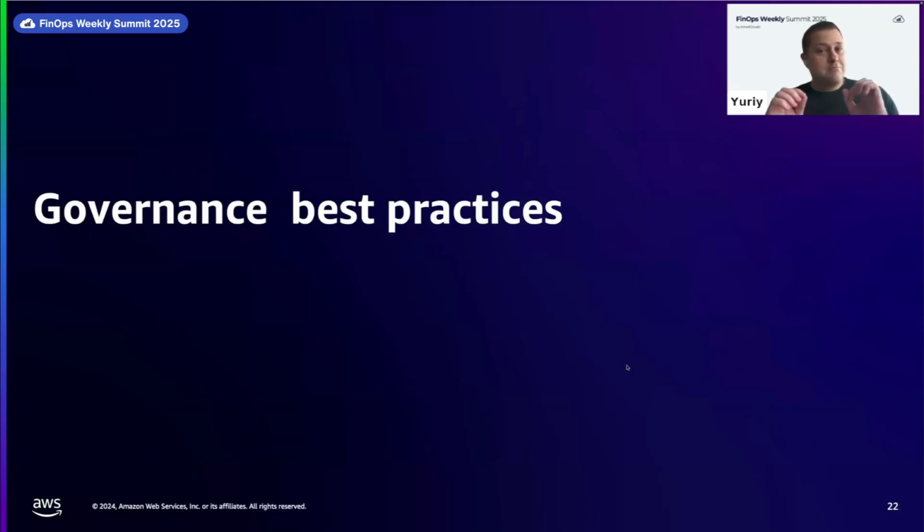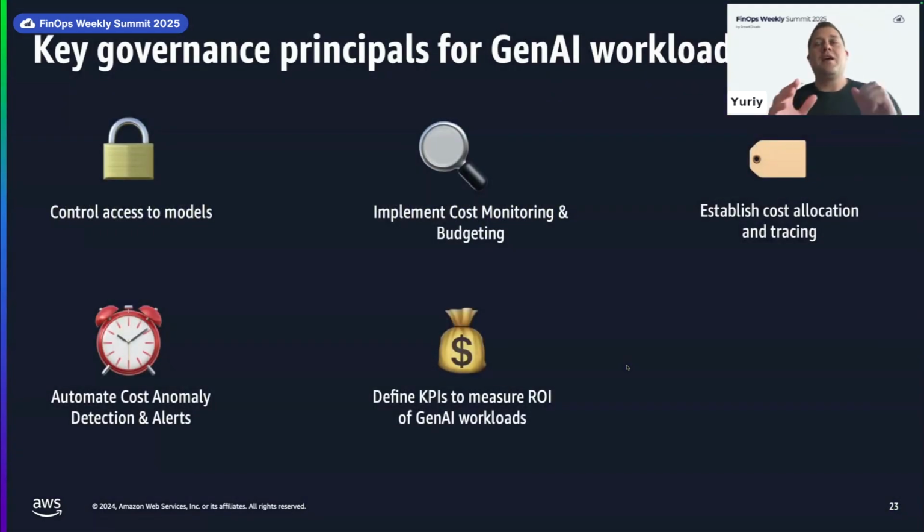Now to summarize, I had just 20 minutes, so I tried to pack this session as much as I can. To summarize all the governance best practices for generative AI: they are very similar to your governance best practices for traditional workloads. Control access to the models, control access to what your teams can actually do with these models.